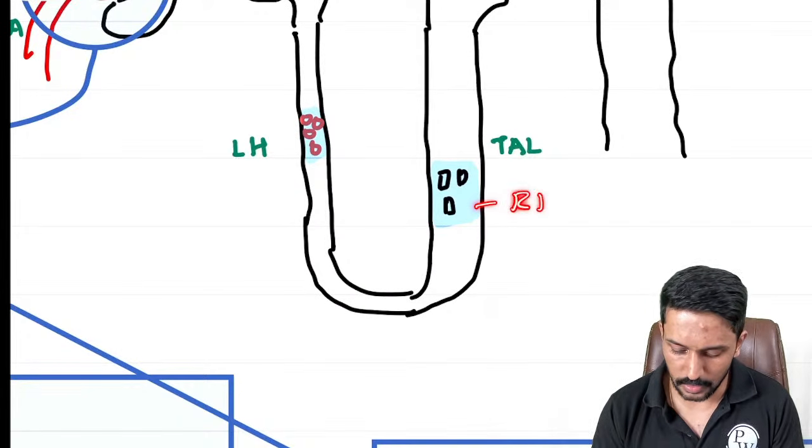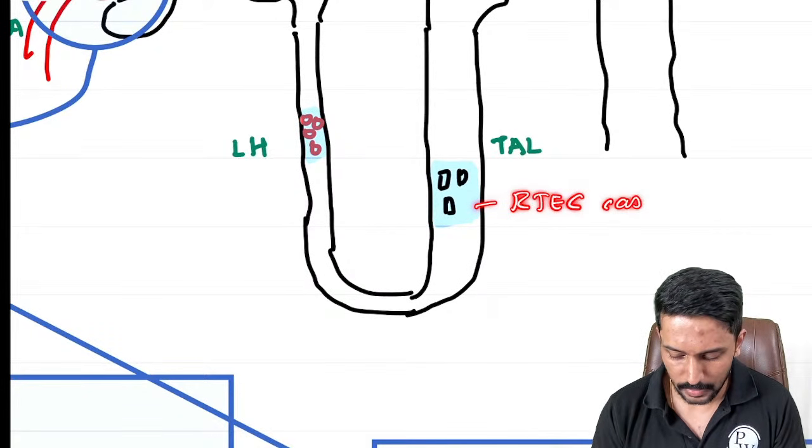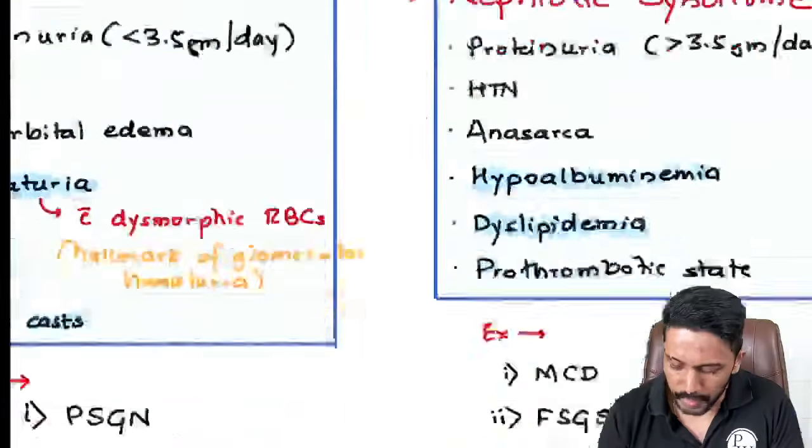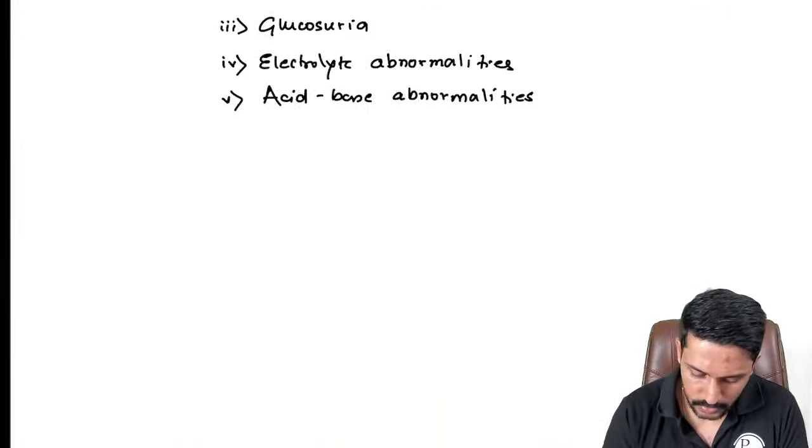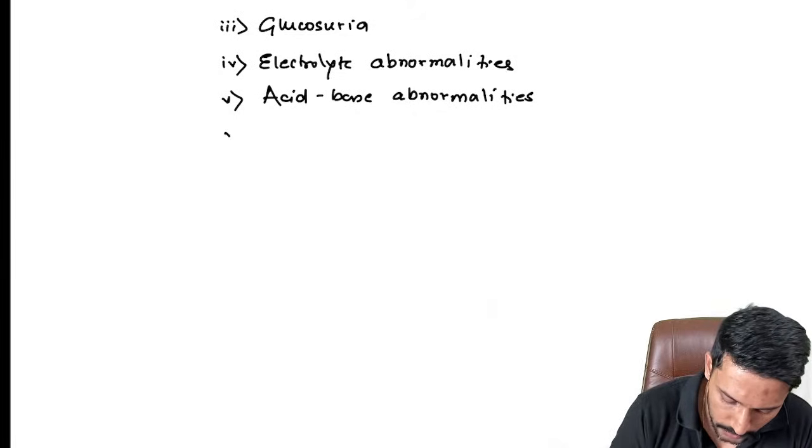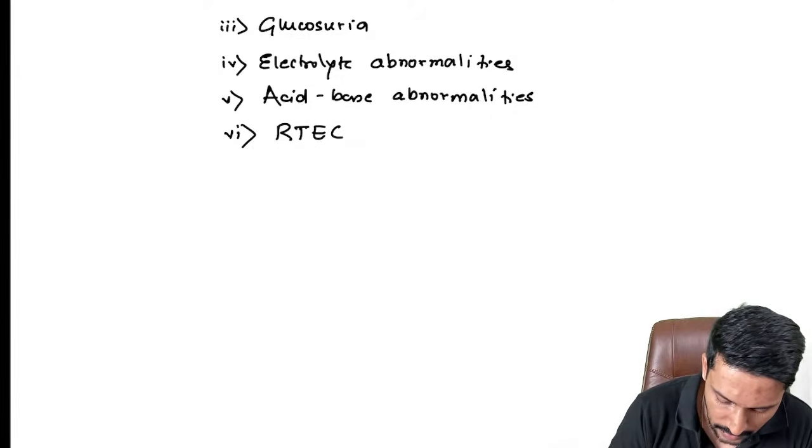It is called a renal tubular epithelial cell cast, typically encountered in acute tubular necrosis. So another finding that we may get when the tubules are the site of damage is renal tubular epithelial cell casts.